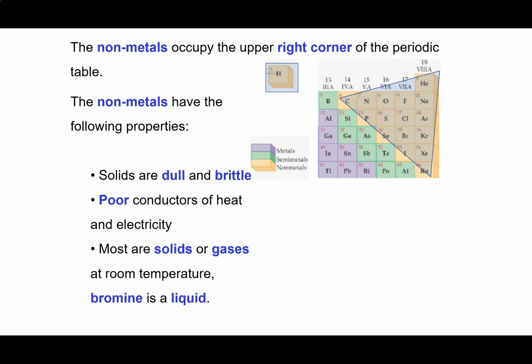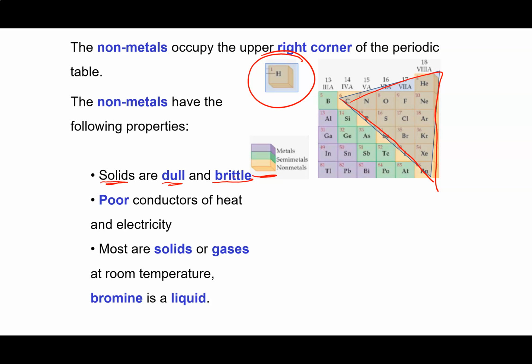Okay, so we've got the non-metals. They're these guys over here that are illustrated in yellow, and also hydrogen that appears on the left of the periodic table. So the non-metals have very different properties from the metals. If they are a solid, they're not shiny, they're what we call dull, and they're not malleable or ductile, they're brittle.